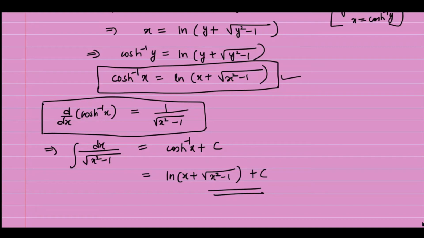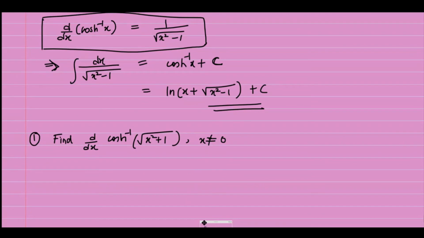So d by dx of cosh inverse of x is 1 by root of x square minus 1. And from this we conclude that integral dx by square root of x square minus 1 is cosh inverse of x plus c. Since it is an indefinite integral, we have a constant c, which can also be written as logarithm of x plus square root of x square minus 1 plus c.